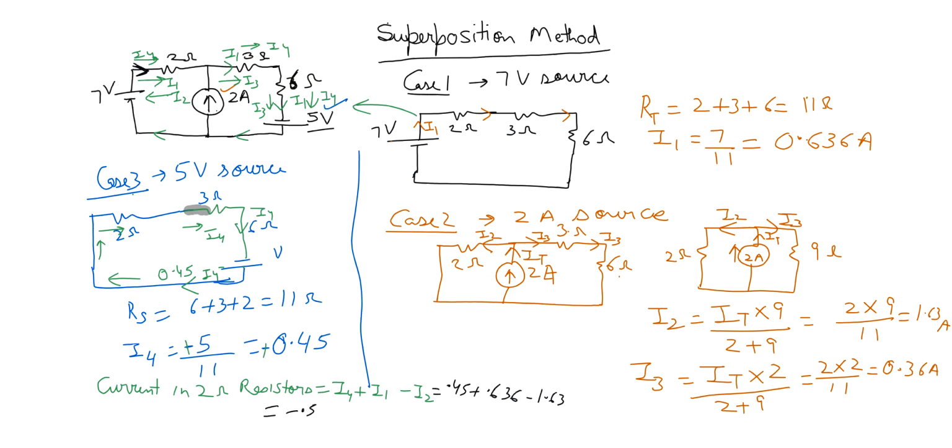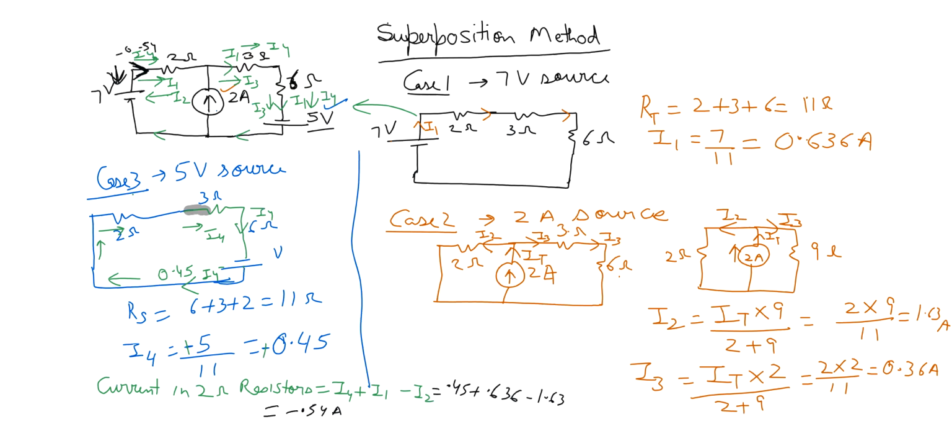So the current flowing in the 2 ohm resistor is 0.54. It's negative. That means I assumed the direction of current flow in this way, but actually the direction is opposite. So minus 0.54 represents that my assumed direction is this direction, but actually it is in the opposite direction.